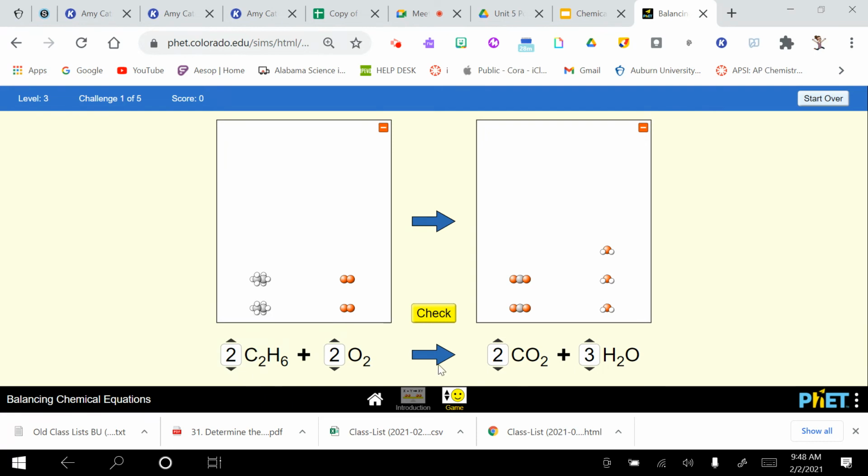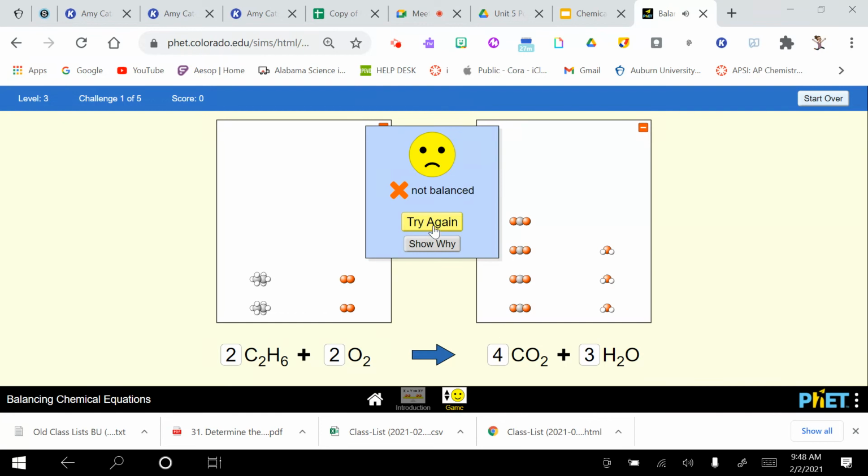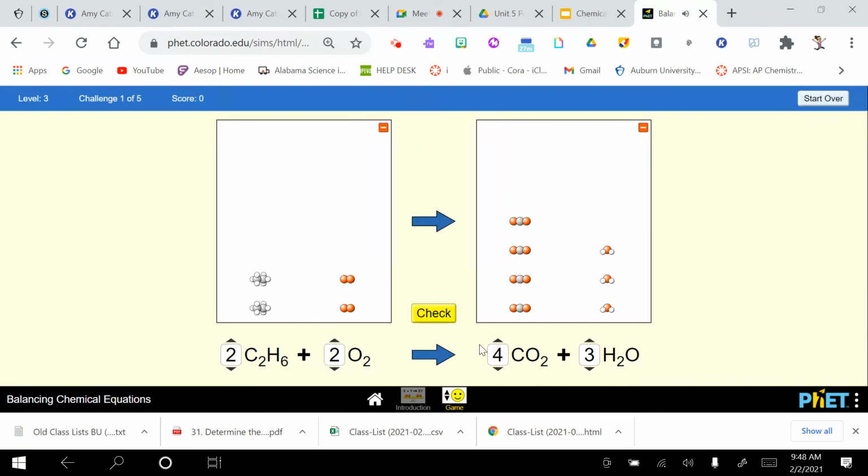It's not wrong. 4, 8, 9, 10, 11. Ugh. Let's check this back down. Let's add this one. 4, 5, 6, 7. So if I have 7 here, I need to get 7 over here.